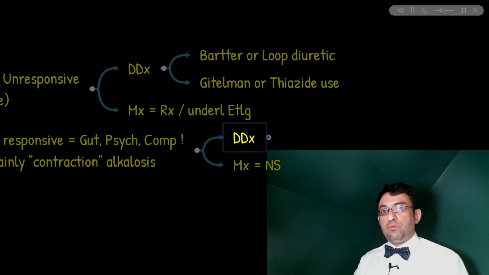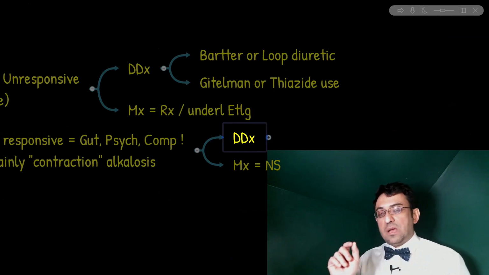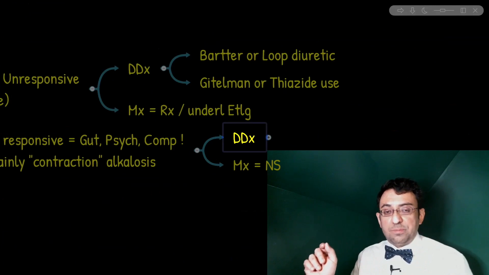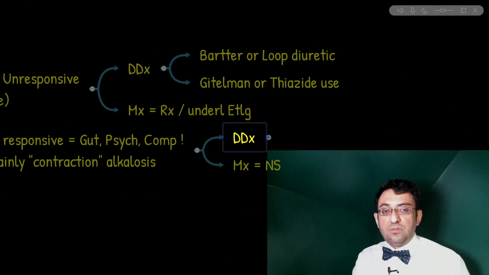However, we may not be provided with any of these straightforward electrolyte findings, but urine calcium. Remember, the imbalance of urinary calcium is sometimes our only clue to the saline non-responsive type or Bartter-Gitelman subtypes of metabolic alkalosis. What do you expect to see as the level of urine calcium in Bartter versus Gitelman?